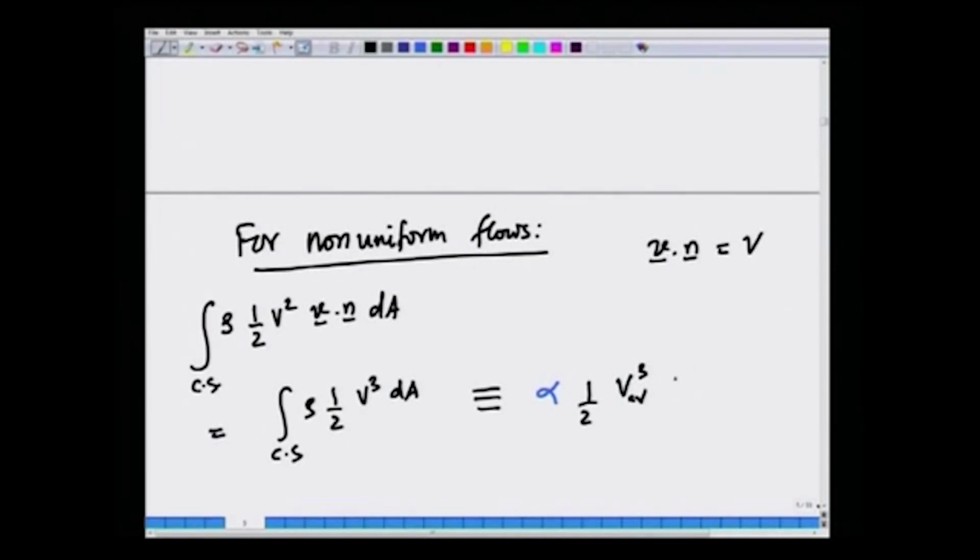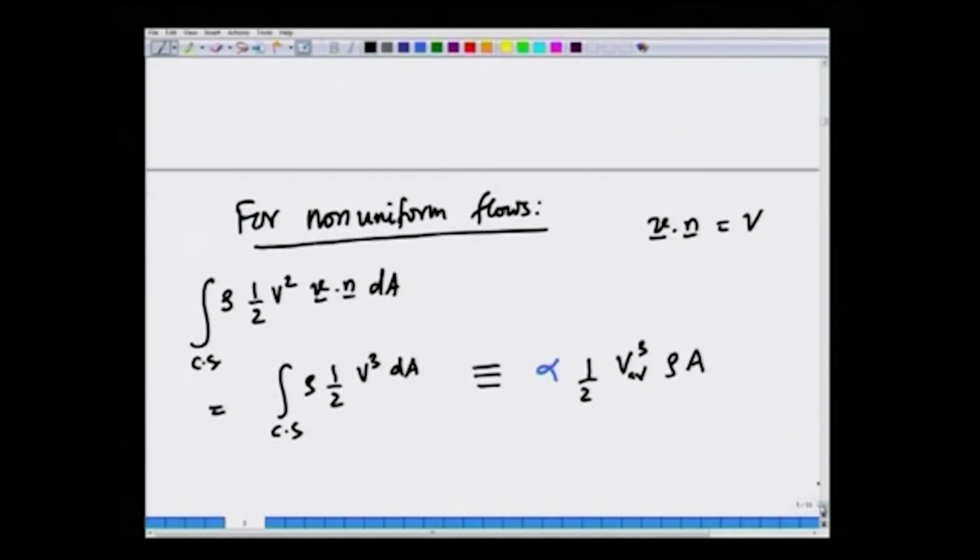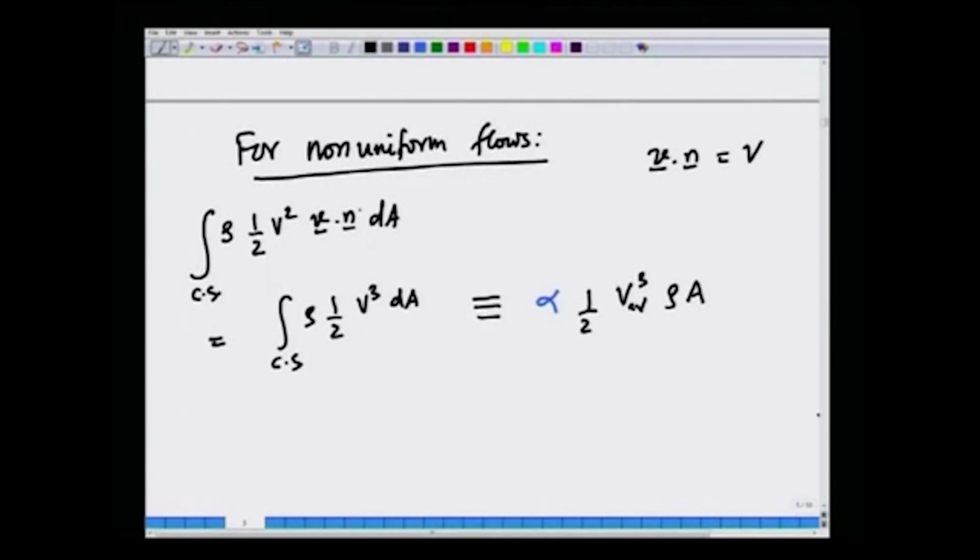So, let us write this as times rho A. We want to be able to write, instead of doing this integral, this integral as though it is a uniform flow, where the answer would be half V cubed times rho A, but now we substitute V by V average because the flow is non-uniform. But you also introduce a correction factor.